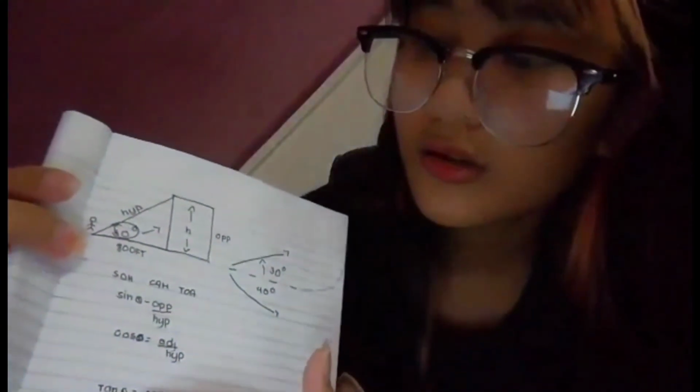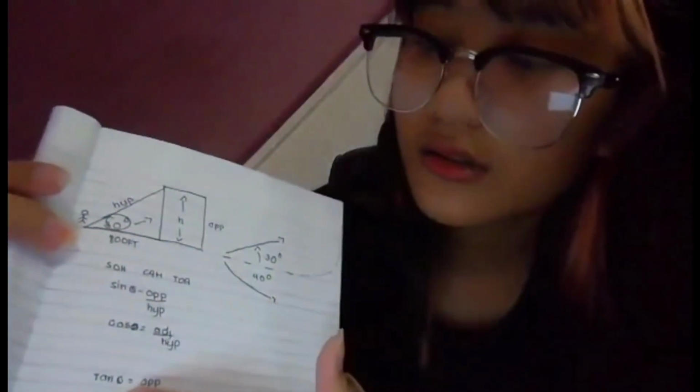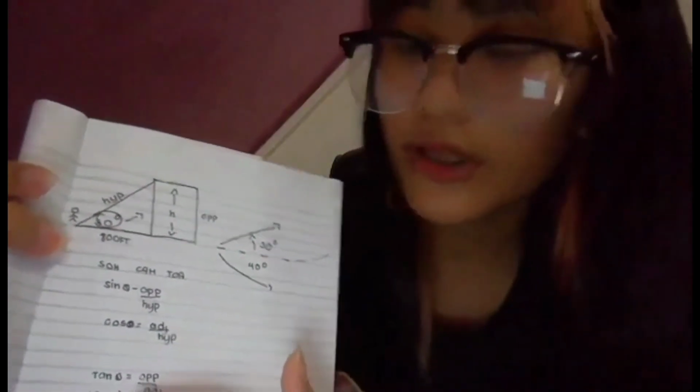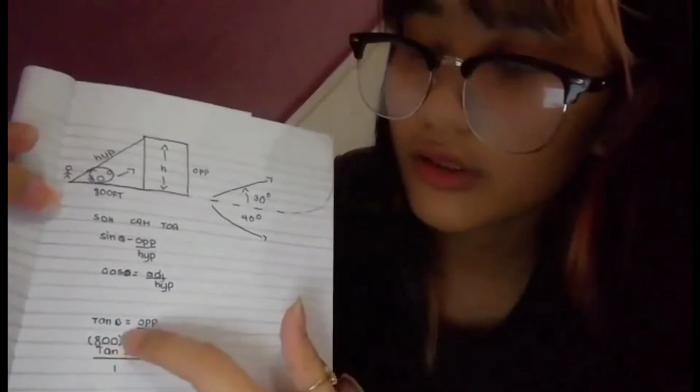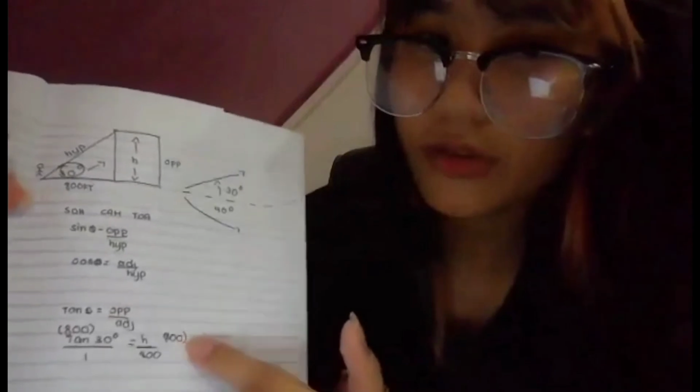So it will turn out to be like this. Open parenthesis 800. Close parenthesis, same with the other one. So these two will cancel.